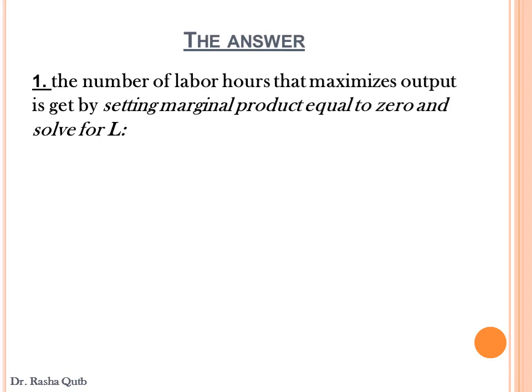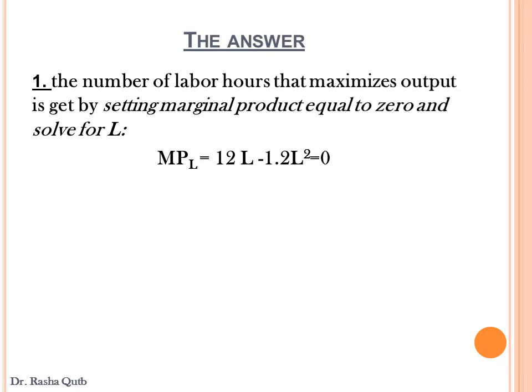Or in other words, we could find the marginal product, set the marginal product equal to 0 and solve for labor. We get the marginal product of labor, which is the first derivative of the total product function.